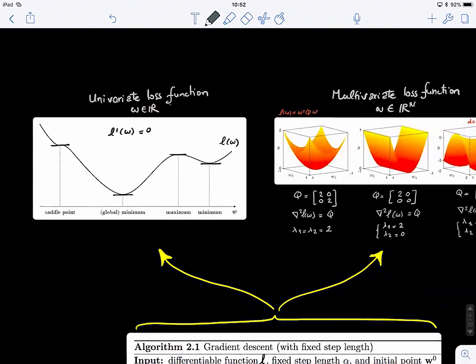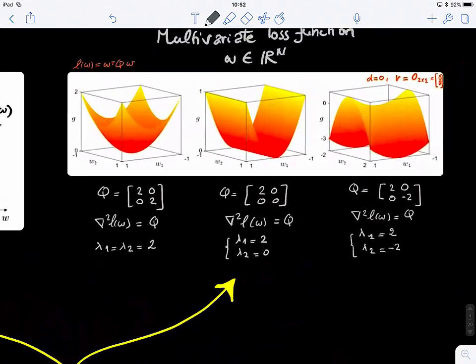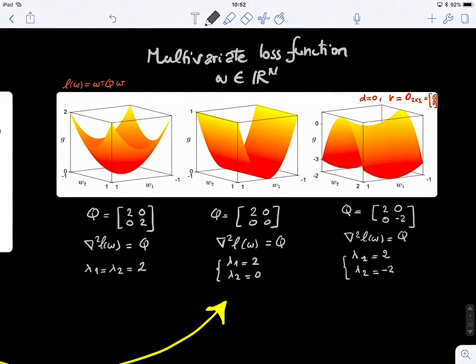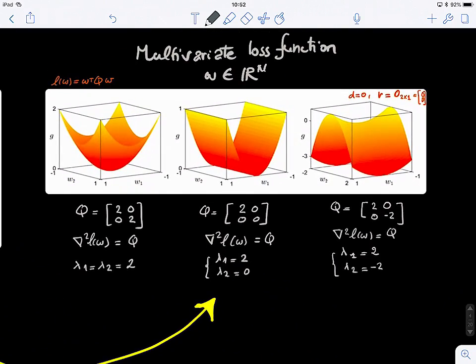And then also for the multivariate loss function, so in a high dimensional space, we looked at the same problem. In this case, we have a quadratic form. To know if we have a minimum or not, we look at the eigenvalues of the Hessian matrix.